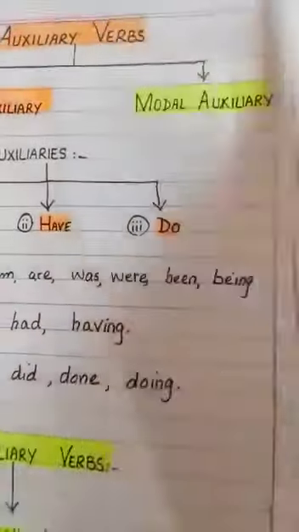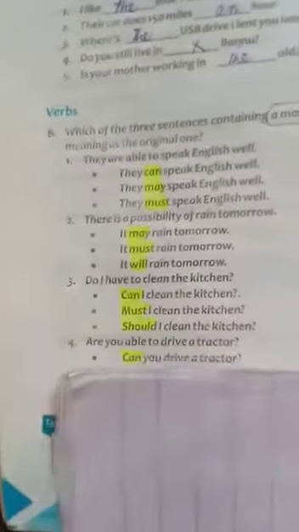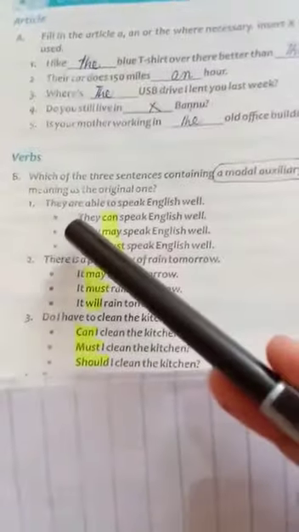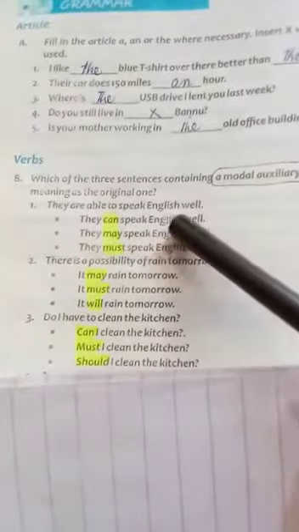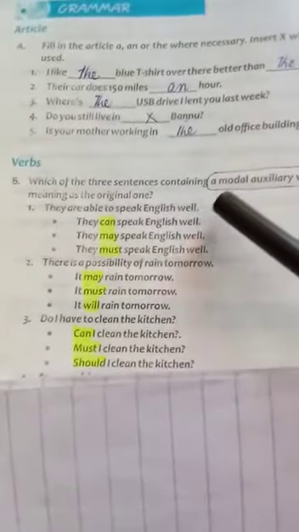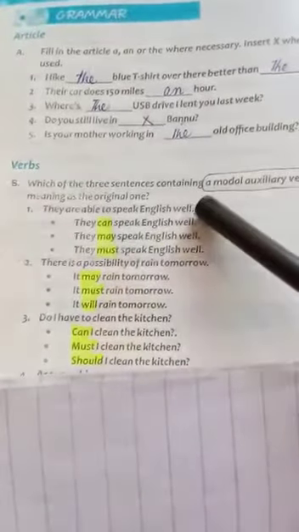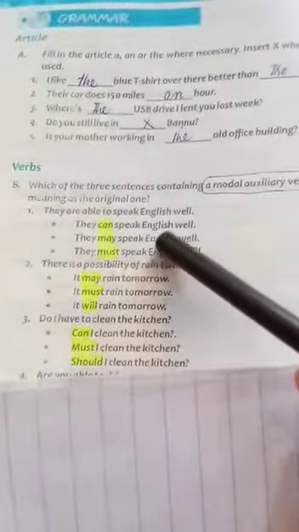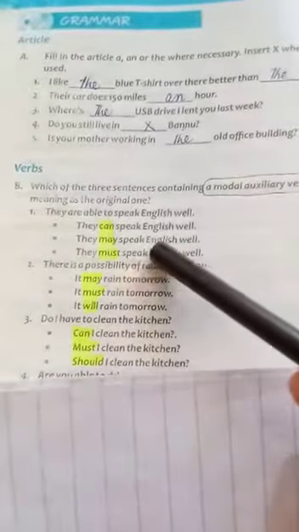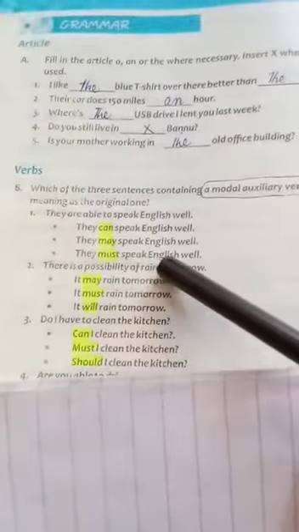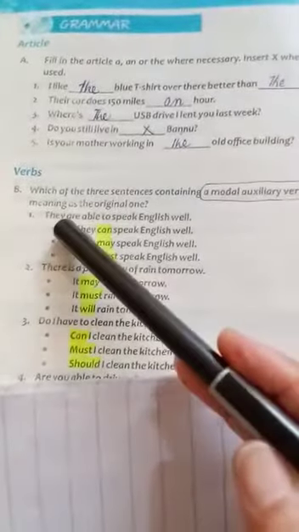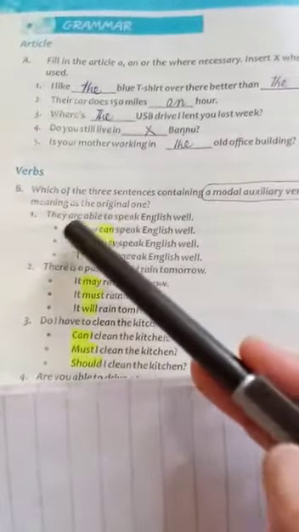And now you have your exercise on page number 31. Now see the exercise. What does this exercise mean? Your first sentence is: they are able to speak English well. Now you will find the correct modal auxiliary verb according to this statement. They can speak English well. They may speak English well. They must speak English well. The statement is they are able to speak.